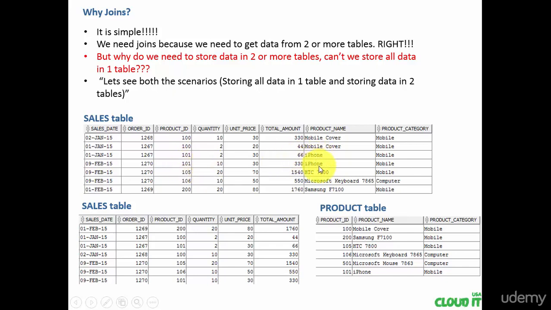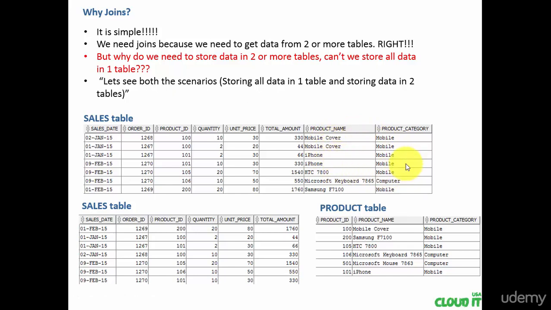So the product name is repeated and the product category is also repeated. In this table, I have only 7 rows. Just in the 7 rows, for 4 of the rows, the data is repeated. That means there is a lot of duplication happening here.